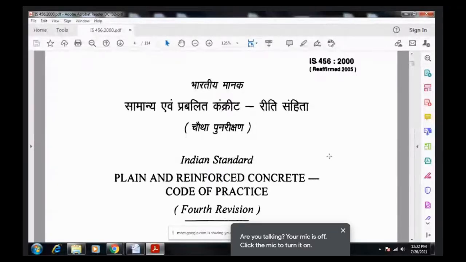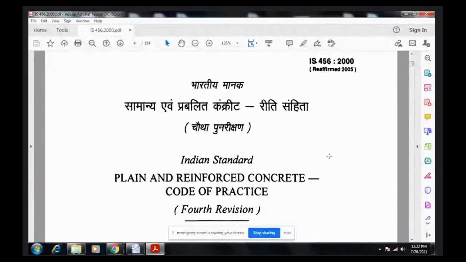And also, you have to mention the codes, and where in those codes, how one can test those materials. The procedure is given. How we can test it, what should be the size, after how many days you will test the reinforcing bar.